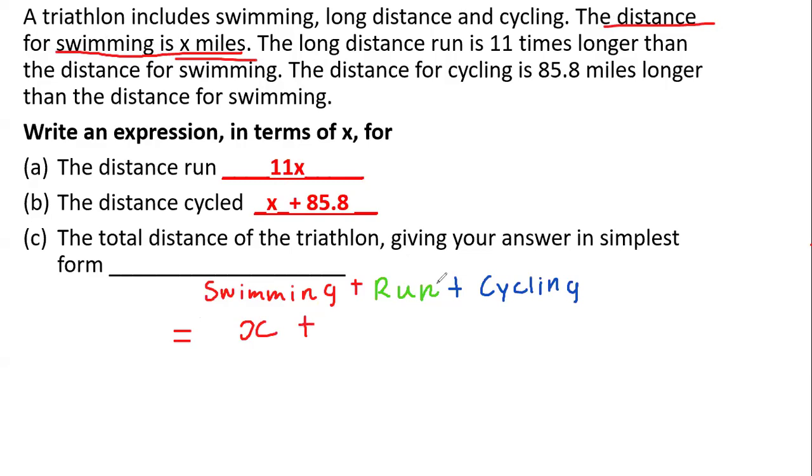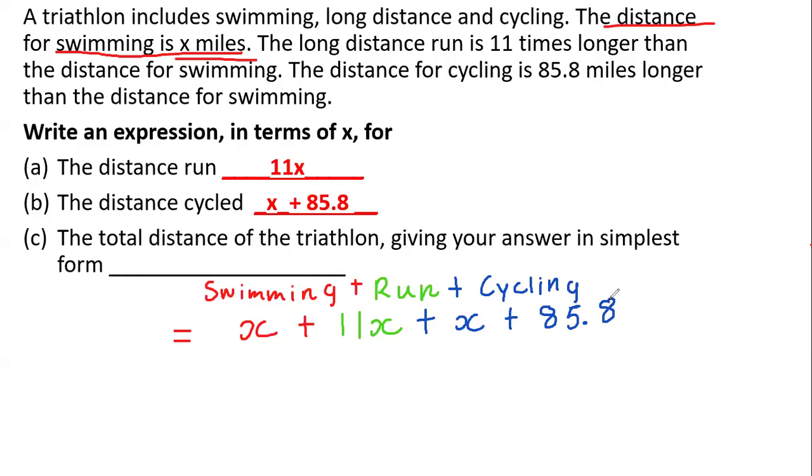What is the distance for the run? 11x. Very good. And we want the distance for cycling. And we plus cycling. What is cycling? X plus 85.8. Very good. X plus 85.8.